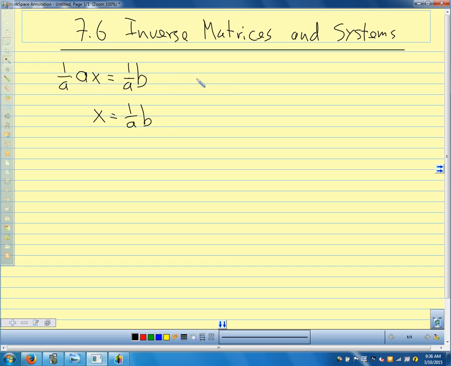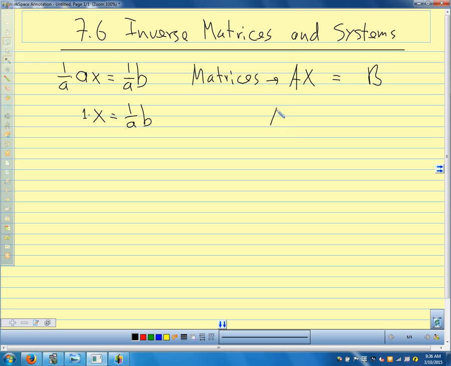So we're going to do the same thing with matrices. And A times 1 over A gives us just 1, right? So with matrices, if we had the matrix equation AX equals B, we want to solve this the same way.